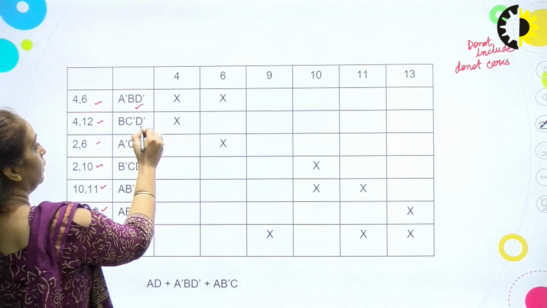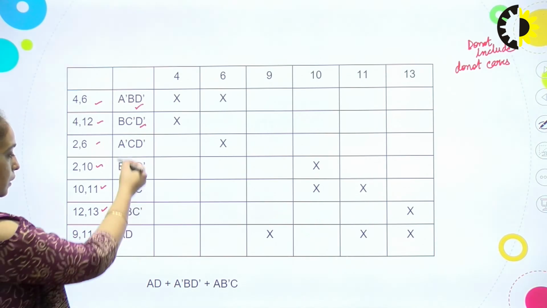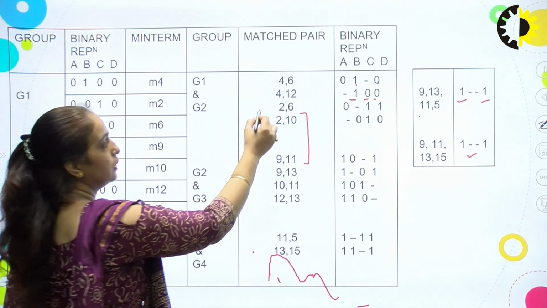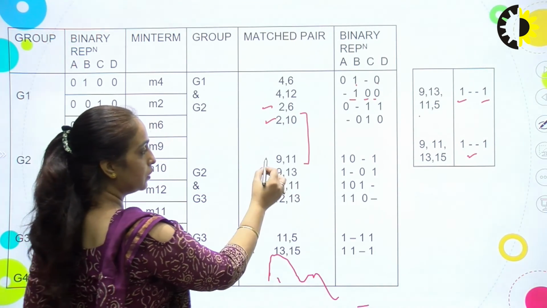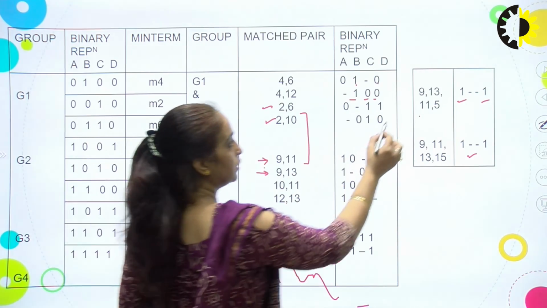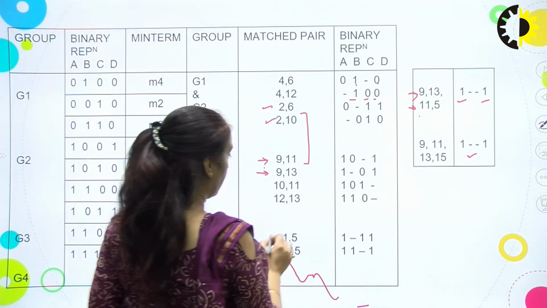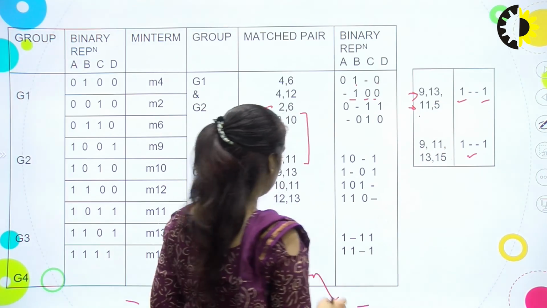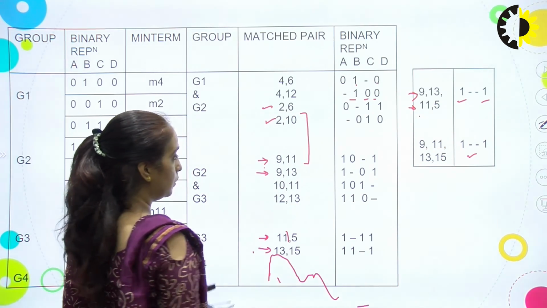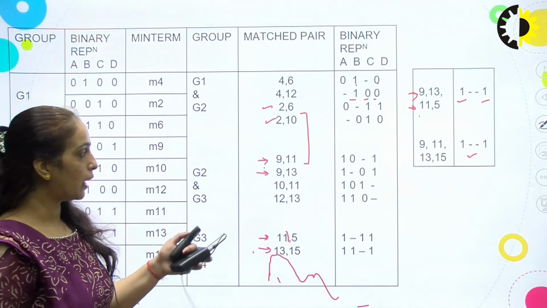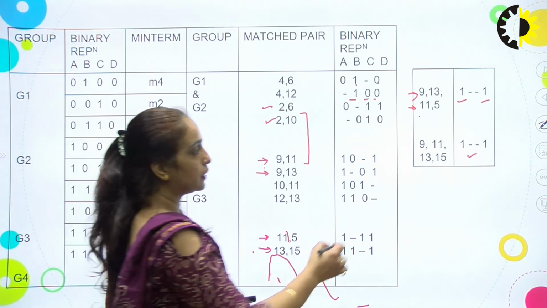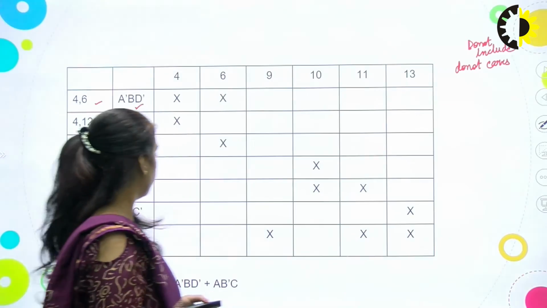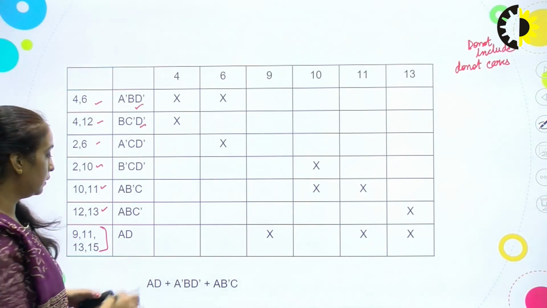In this way, we are going to complete all these values. 9, 11 is used here, and 13, 15 is also used here. So, these 4 are used, and the rest of the values we will include. And lastly, from this table, we are going to have A, D.